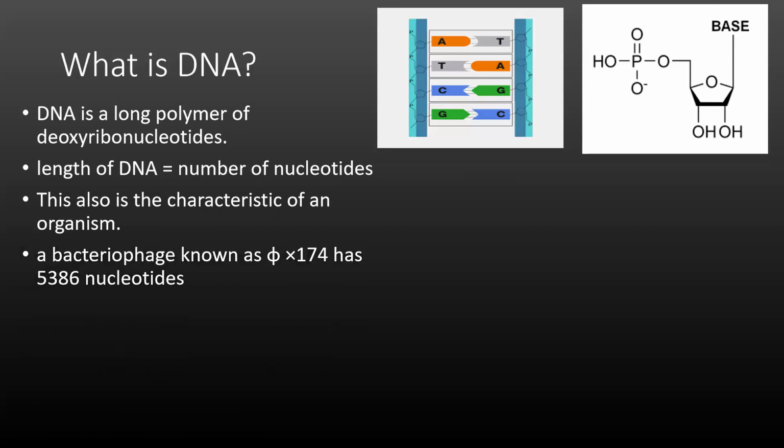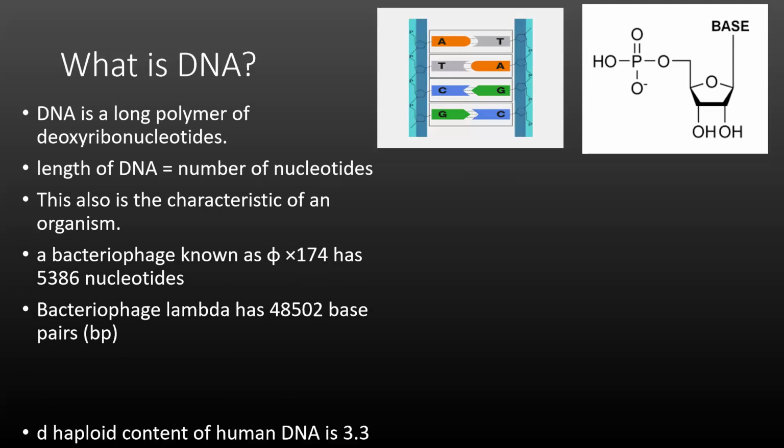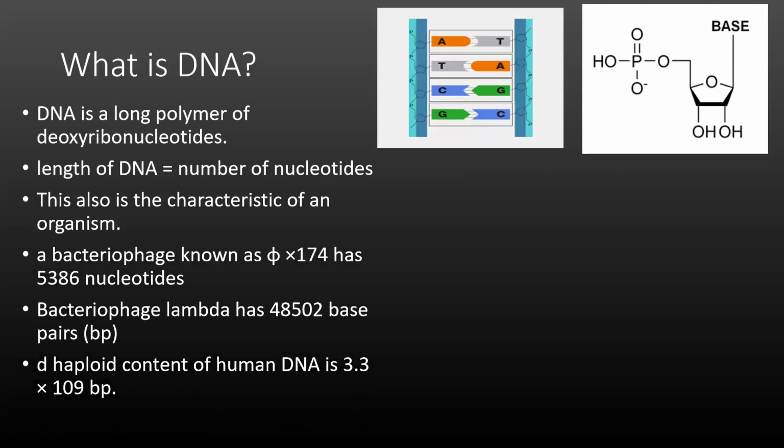Example, a bacteriophage known as phi X174 has 5386 nucleotides. Bacteriophage lambda has 48502 base pairs. The haploid content of DNA in humans is 3.3 into 10 raised to 9 base pairs.